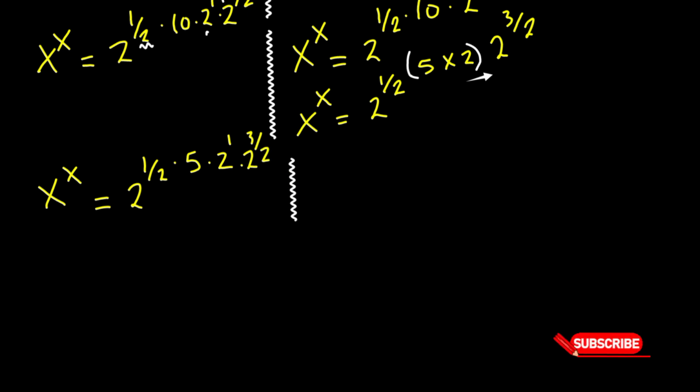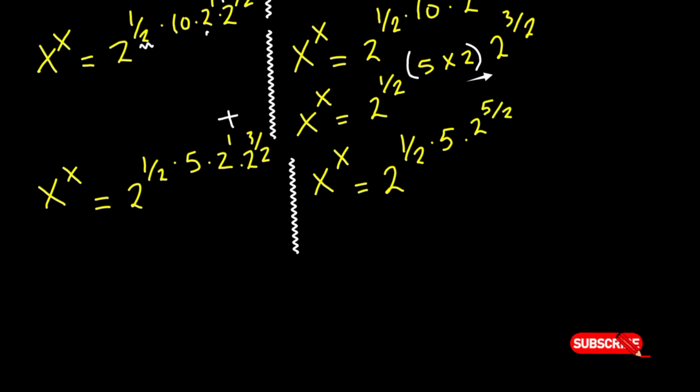And when we add this together, we're going to have x to the power of x equals 2 to the power of 1 over 2 times 5, then times, when we add this fraction together, we are going to get 2 to the power of 5 over 2, because 2 times 1 is 2 plus 3, that's 5 over 2.